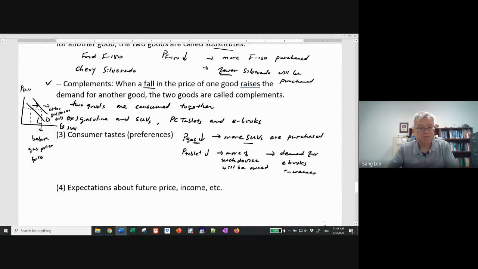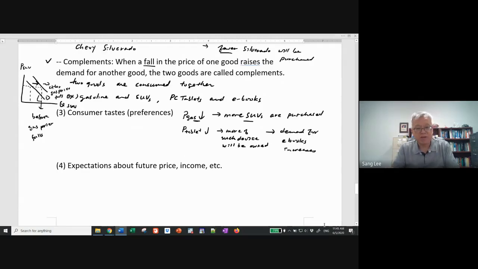Okay, now consumer taste preference. Well, sometimes even product price does not change. Still, people may buy more or less of a good as their taste preference changes. So think of an example of a passing fad.